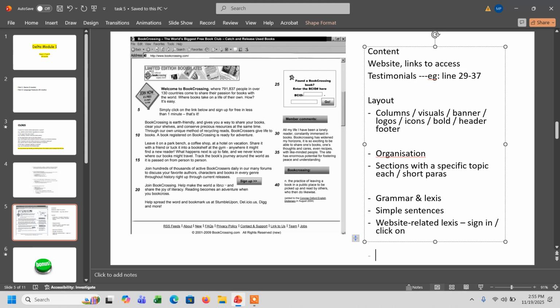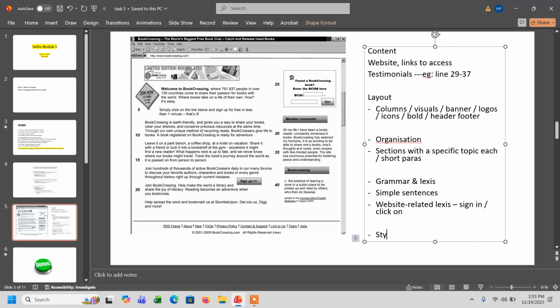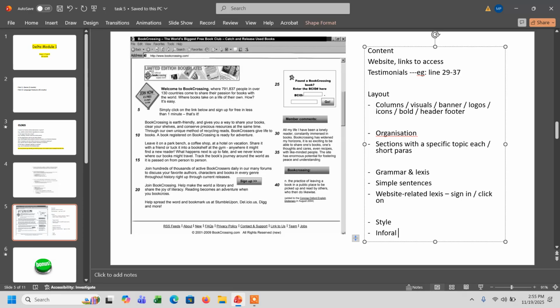How about style? Style is informal style, like colloquial. Written style.